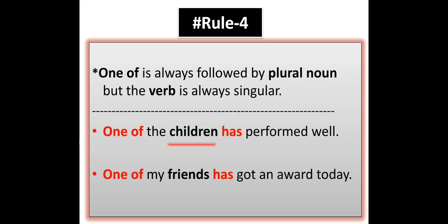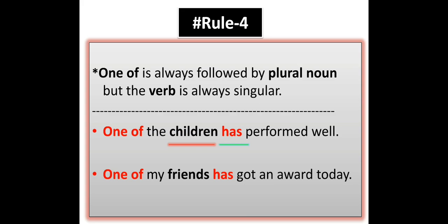So, though children is in plural, the verb is in singular. Why? Because we have one of. And remember this, one of is always followed by a plural noun, because we are talking about one child among many children. That's why the verb is singular.